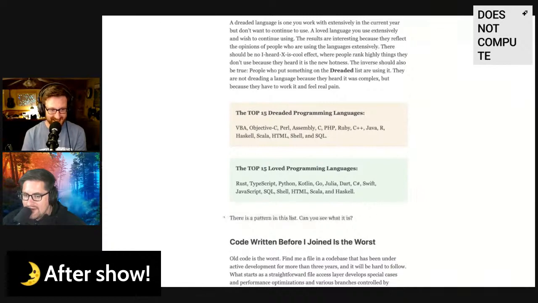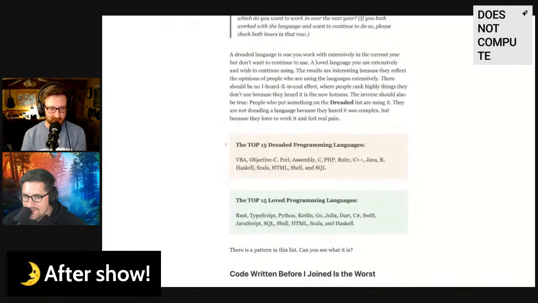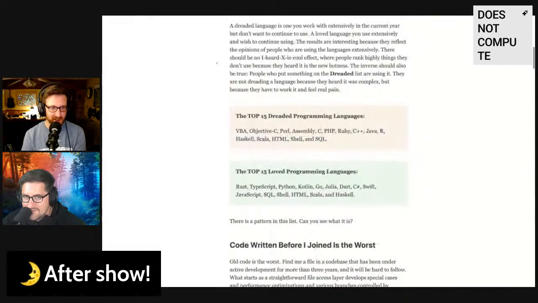So there's a pattern in the list. I cannot see the pattern in the list. I know this is on some kind of environmental site, so I'm thinking about energy usage in high versus low level languages is the only thing I can think of that they're trying to draw from here, but it's not completely delineated. That's my best guess, based on context clues. There's a clue at the bottom of the page: the code written before I joined is the worst.